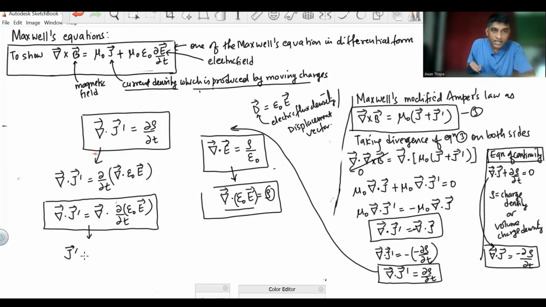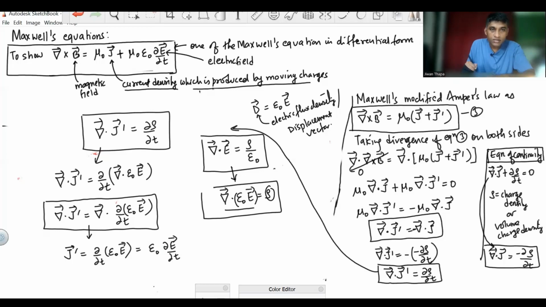current density J dash equals del by del t of epsilon naught E. So we can take epsilon naught outside, since it is constant.